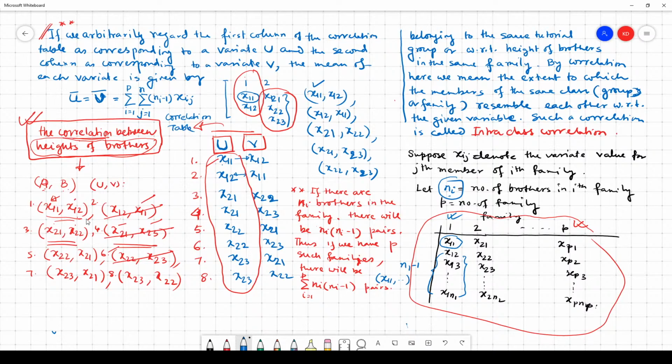If you look at the first column of the correlation table, then you see that U bar is, see carefully, x11 appears exactly once here, x12 appears exactly once here, but x21 appears twice, x22 appears twice, x23 appears twice.